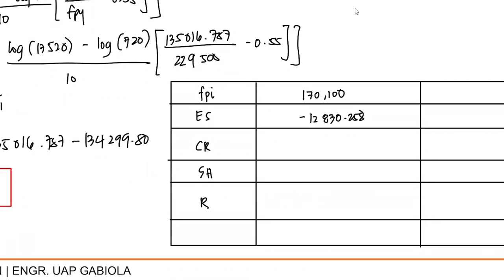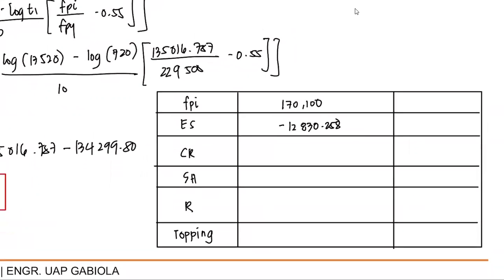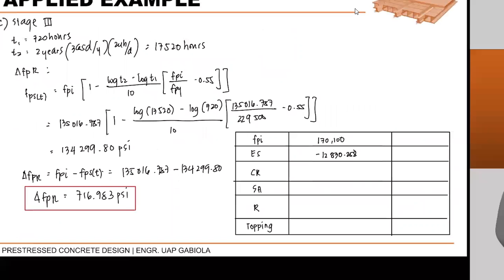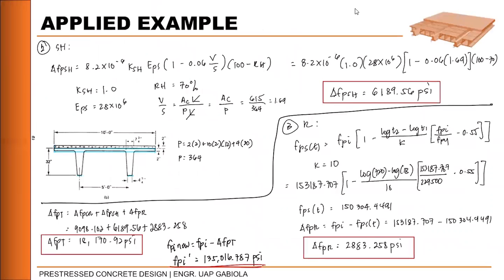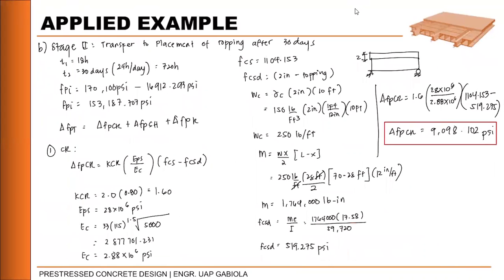Then, i-add natin yung sa topping, no? Kasi nag-produce yun ng positive component dun sa ating steel, no? So, yung sa creep, going back dito, we have a value of 9,098.102.